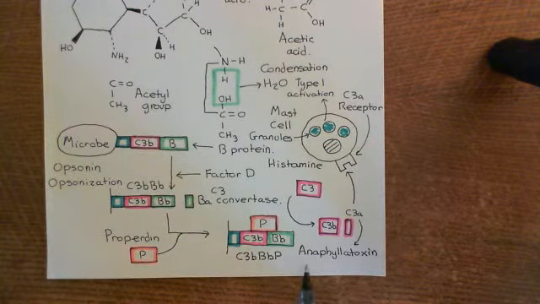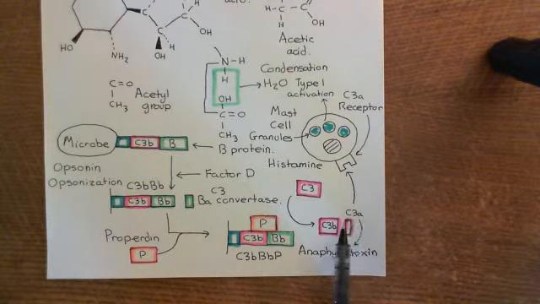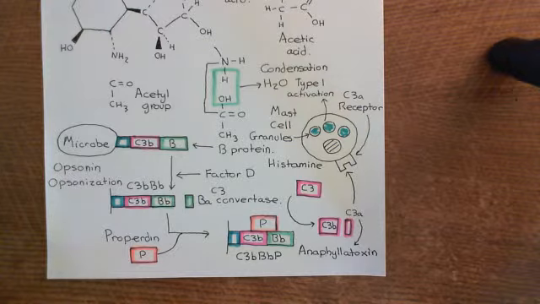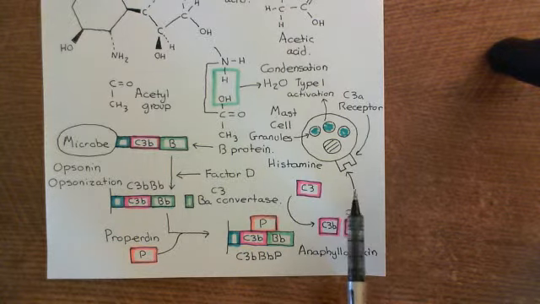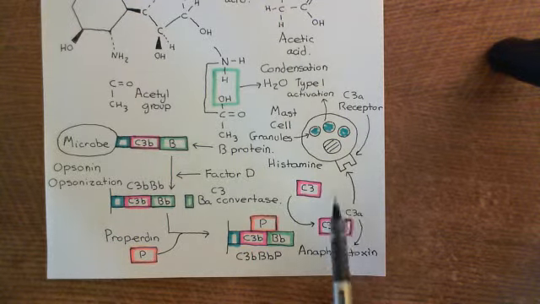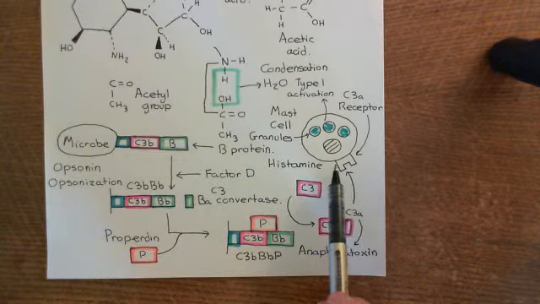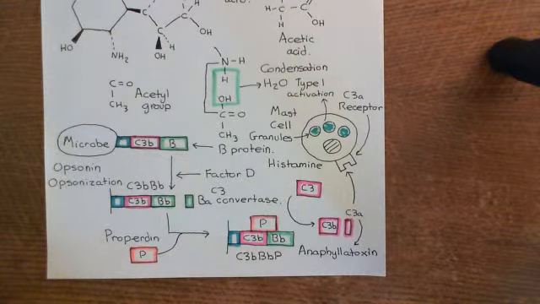Long ago it was found that this protein C3A was involved in anaphylactic shock, so it was known as an anaphylatoxin. Right, so even though this is a terrible thing in anaphylactic shock, it is helpful with regards to the normal inflammatory response, because it's going to trigger mast cell degranulation in this localized tissue.